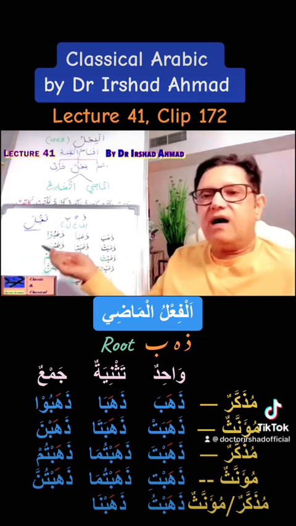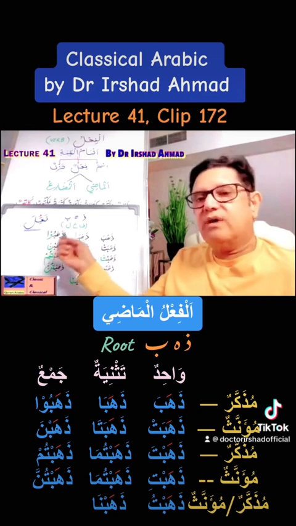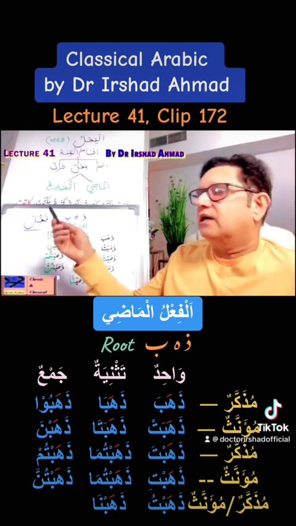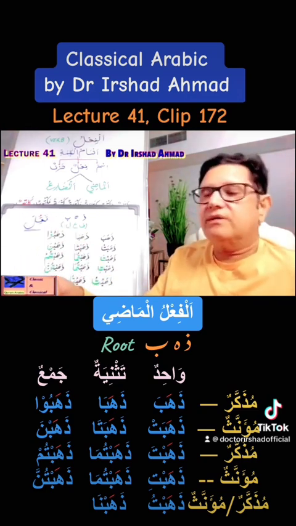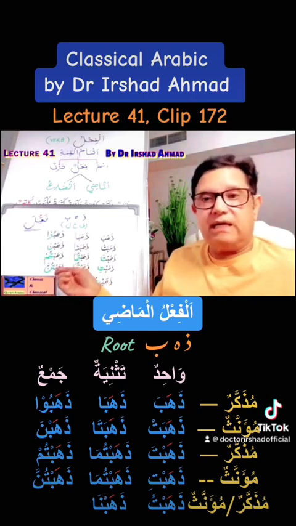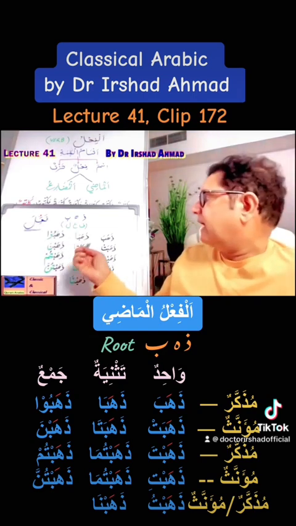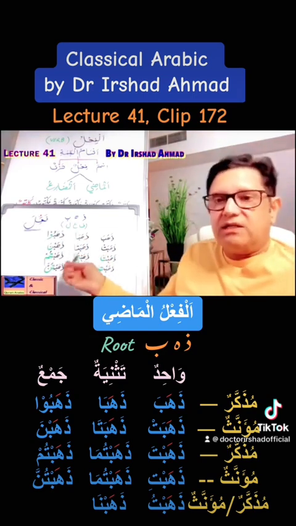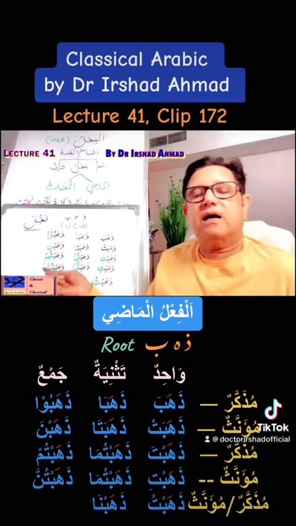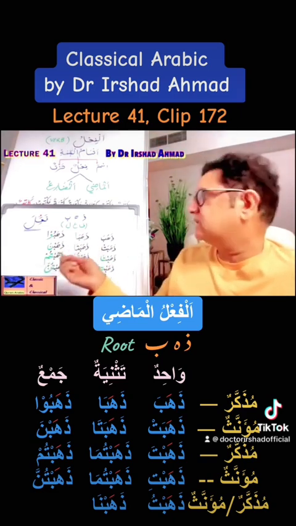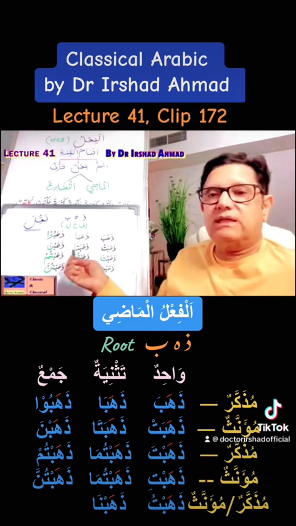The science of nahw is how we put different words together, whether they are ism, fil or harf, the way we put them together to make sentences. And how the words then change with these harakat, that's sarf, which is conjugation, called tasrif.